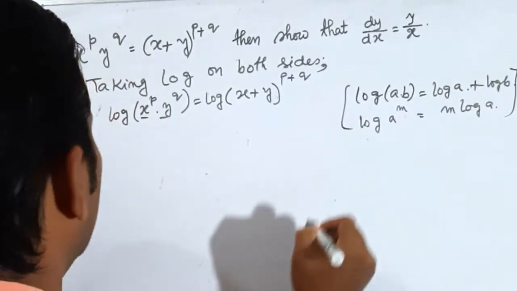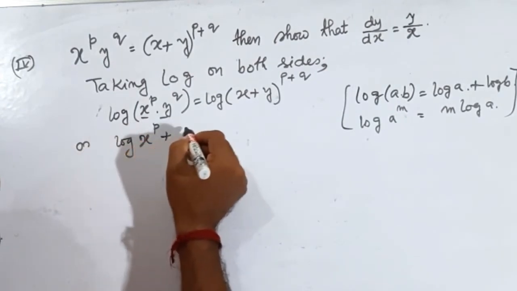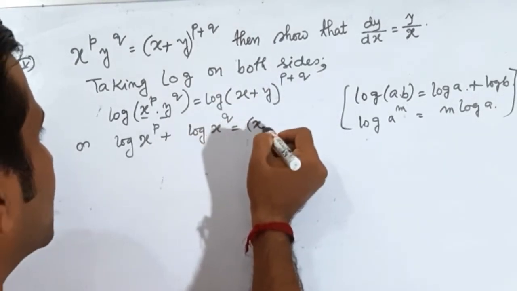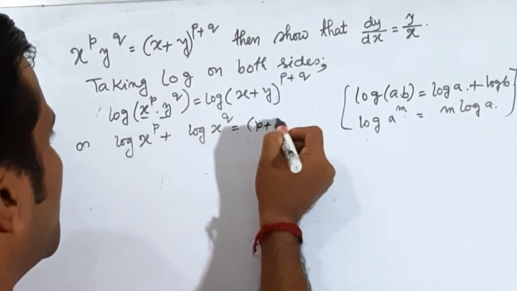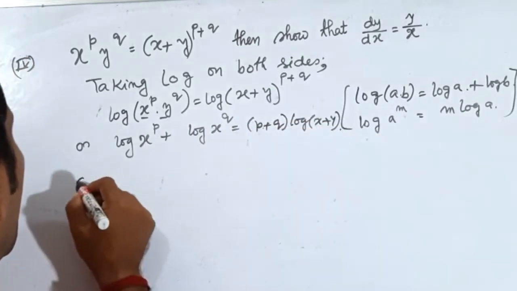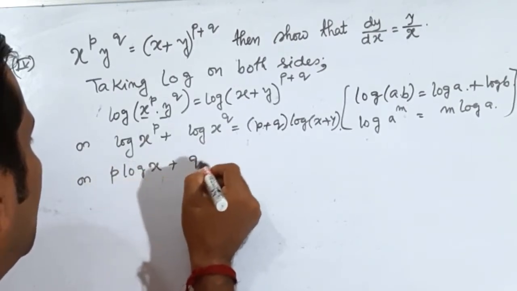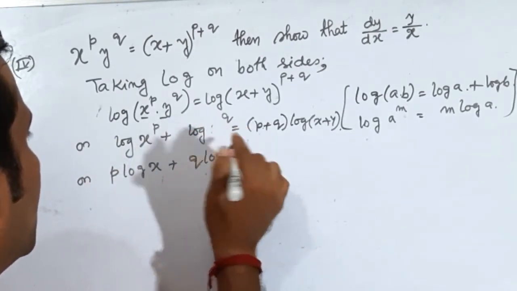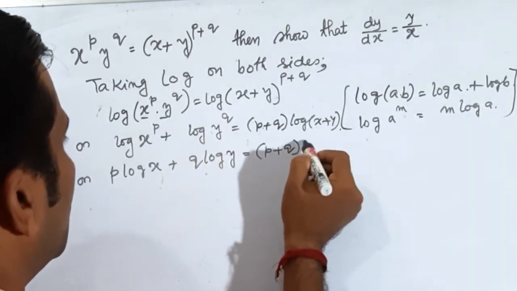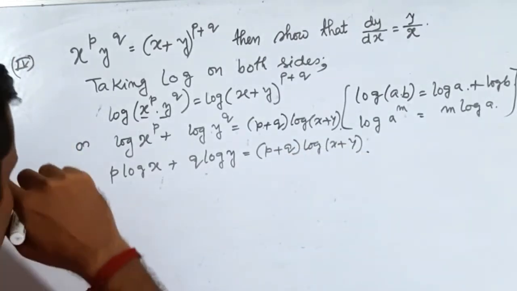Using these two properties, we get log x^p + log y^q = (p+q) log(x+y), or p log x + q log y = (p+q) log(x+y).